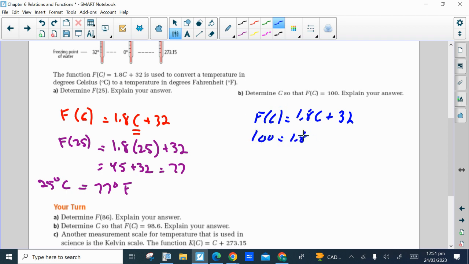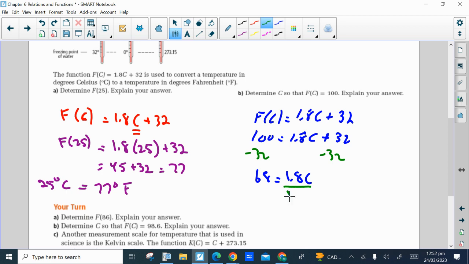So in this case, we need to solve this equation for C. We need to get C by itself, which we would do by subtracting 32 from both sides first. 100 minus 32 is 68. So 68 will equal 1.8C.